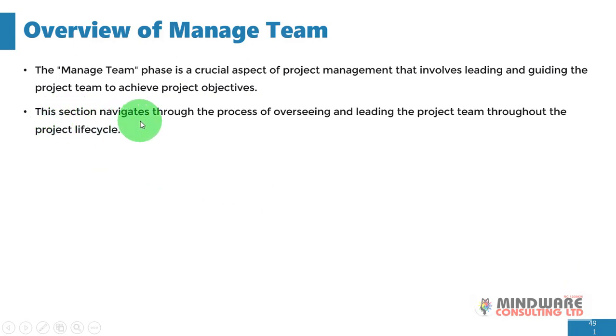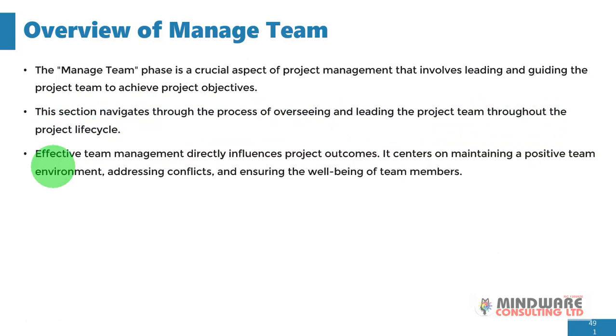So this section navigates through the process of overseeing and leading the project team throughout the project lifecycle. Effective team management directly influences project outcomes. It centers on maintaining a positive team environment, addressing conflicts, and ensuring the well-being of team members. Okay?